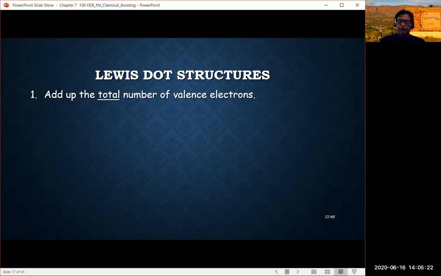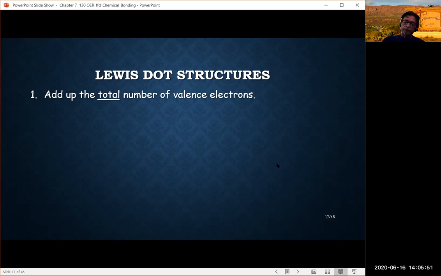Then the other aspect to remember is the octet. Okay, we want to put them in such a way that there are 8 valence electrons around everybody except hydrogen. Hydrogen does not follow the octet rule. Its rule is a duet. Okay, so once you make a bond with hydrogen, that's it for hydrogen. You can't add any more electrons to hydrogen once it's bonded.